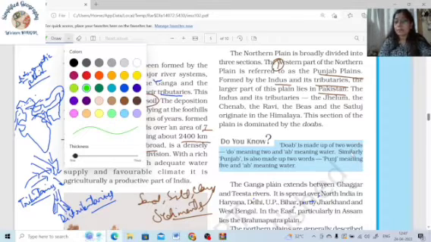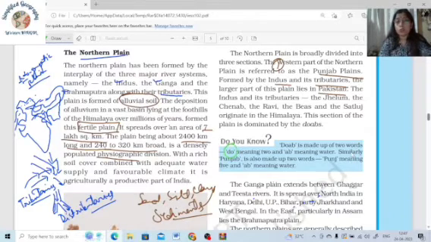Doab is made of 2 words: do, meaning 2, and ab, meaning water. Panch is 5, so 5 waters. So there are 5 tributaries, as we have come to know.